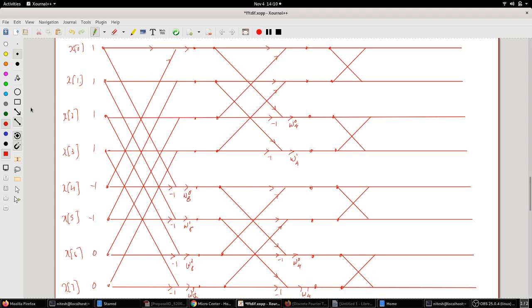Okay, so this will be w0 of 2. These are my 2-point butterfly structures. Just make sure that the arrows are properly done.